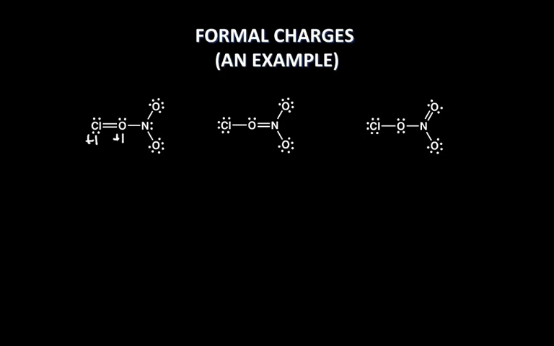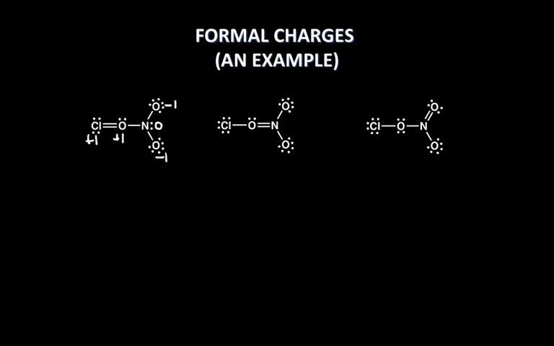The nitrogen atom has access to 5 electrons in this molecule. It has 5 electrons as a neutral atom, so the formal charge on that nitrogen is 0. And the oxygen has 6 electrons as a neutral atom. In this molecule, it has 7 electrons, so that formal charge is -1. And that's true for both oxygens, right? So the formal charges add up to 0. We have 2 +1s and 2 -1s. And those are all of those formal charges.